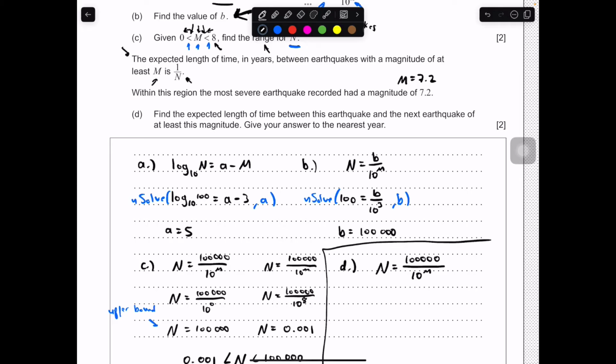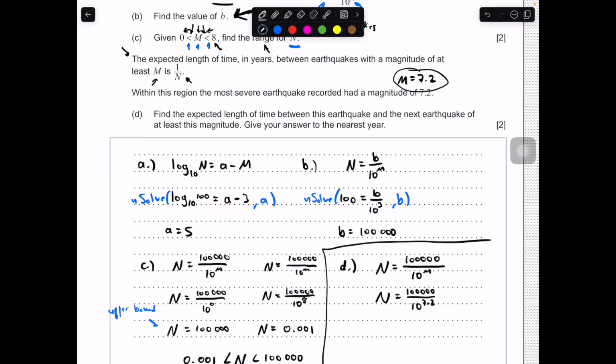In this case, we have a magnitude of 7.2. So this formula tells us how many 7.2 magnitude earthquakes we would expect within 1 year. So 100,000 divided by 10 to the 7.2. Super strong earthquake, how many would we expect to have a year?